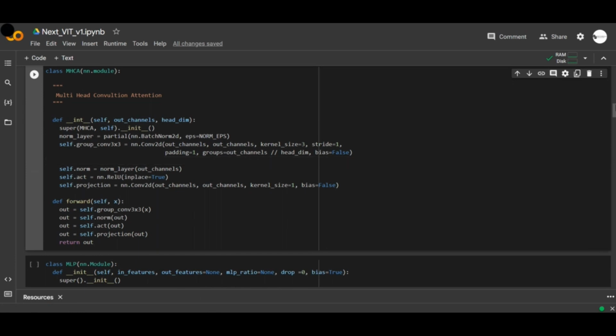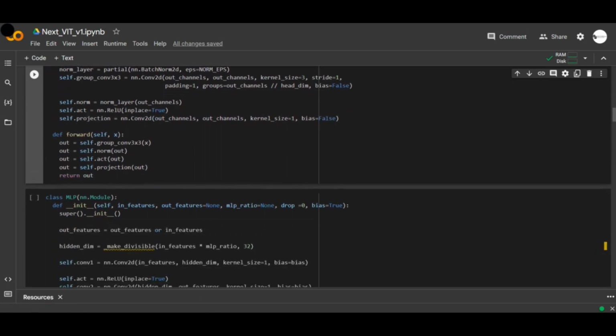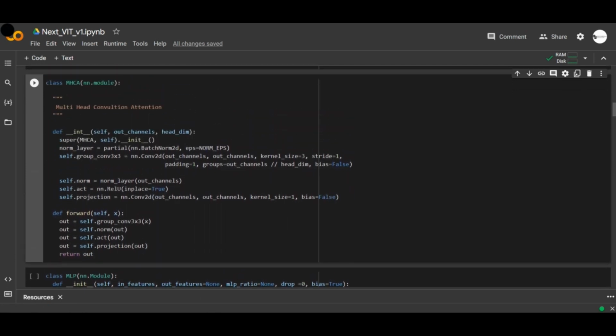The next component is going to be the multi-layer perceptron. Before we look into the multi-layer perceptron, within this multi-head convolution, I'd like to add that essentially the group convolution allows the model to learn multiple feature maps from the same input, right? Each group of filters will learn different feature maps, and the final output will be the combination of these feature maps.